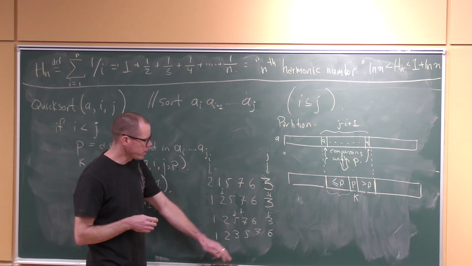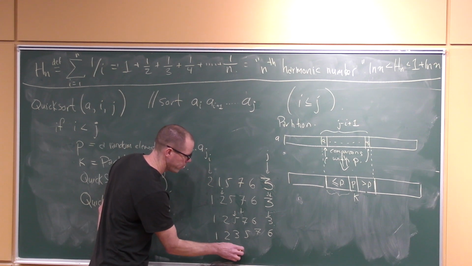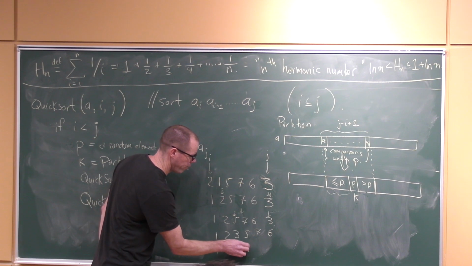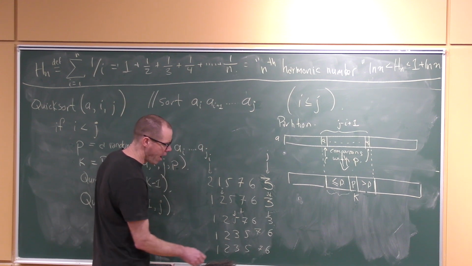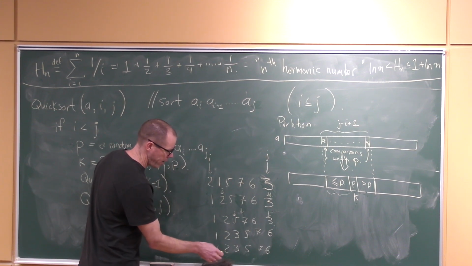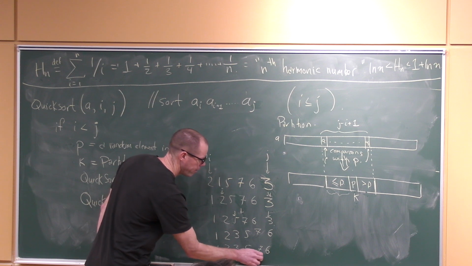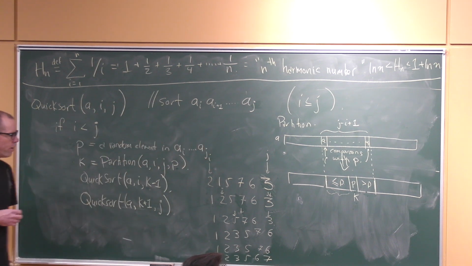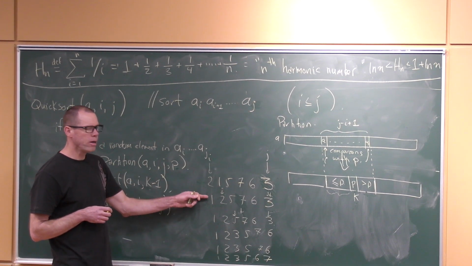And another bad choice now would be 5, which gives me 1, 2, 3, 5, 7, 6. And then now it finally doesn't matter. If I pick 6 or 7, it's going to give me the same result, but only then do I finally get a sorted array.